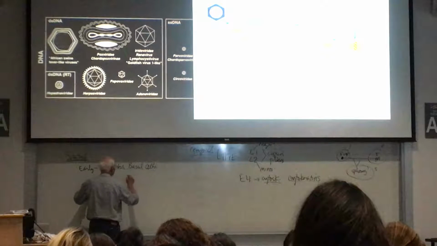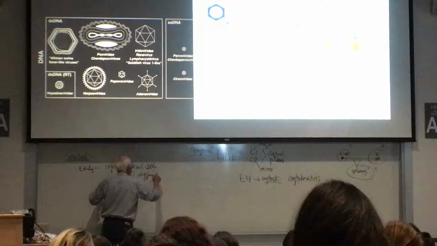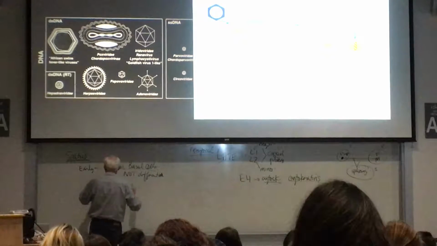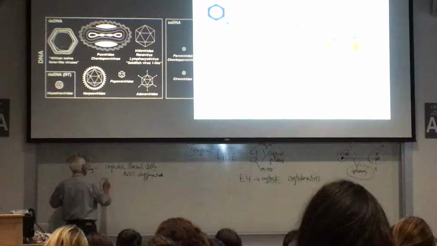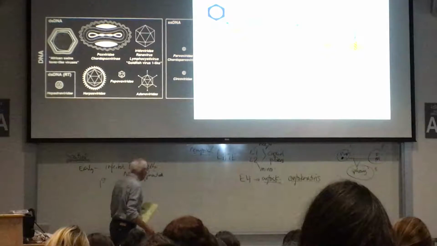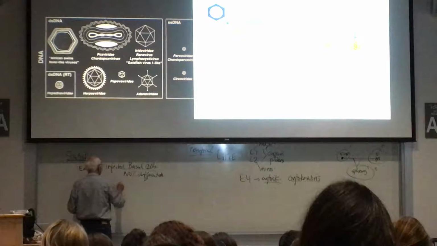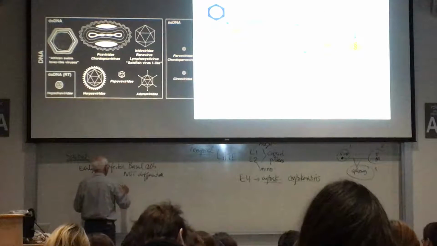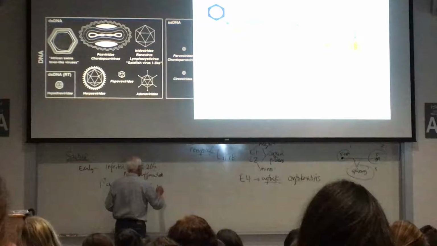And so these have not differentiated. And so you first have, in terms of the temporal early-late business, first expression of E5, E6, and E7.